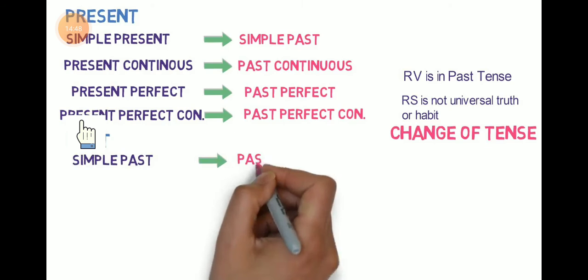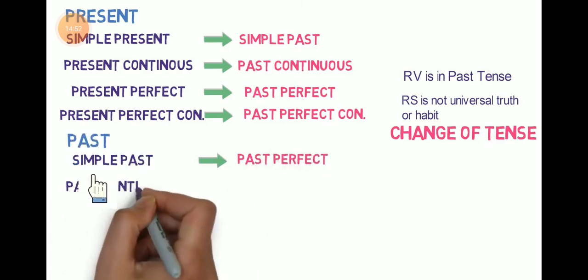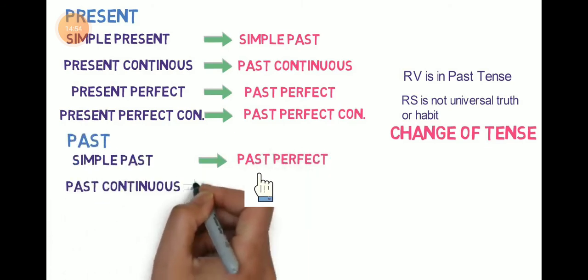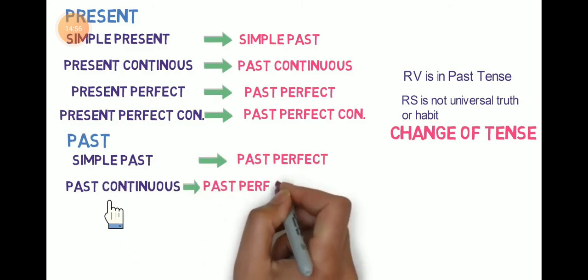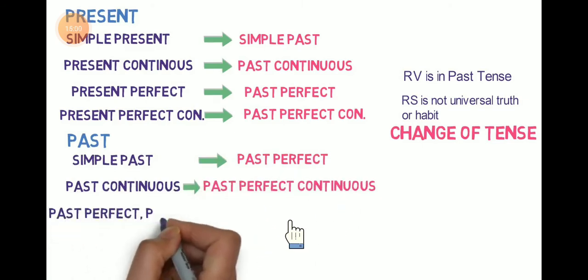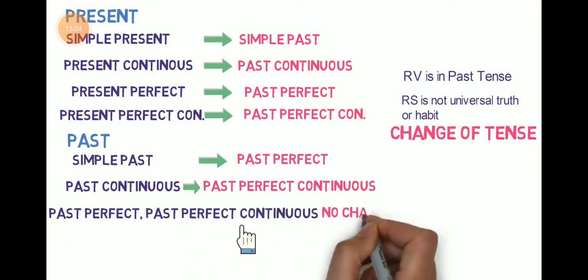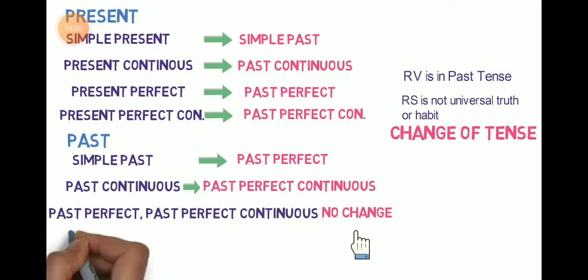Now we come to the past form of the reporting verb. If the reporting verb is in simple past, it should be written into past perfect. If it is in the form of past continuous, it should be written into past perfect continuous, and if it is in past perfect or past perfect continuous, then there will be no change. Each and everything should be written as it is.